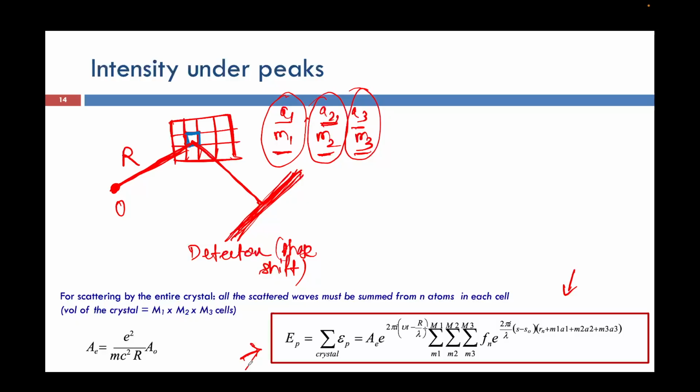Here you don't have to remember this expression. I am just showing it so that you know how we calculate the intensity under peaks. So this is the method that we have to choose.